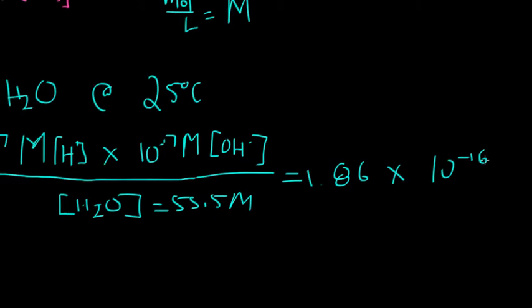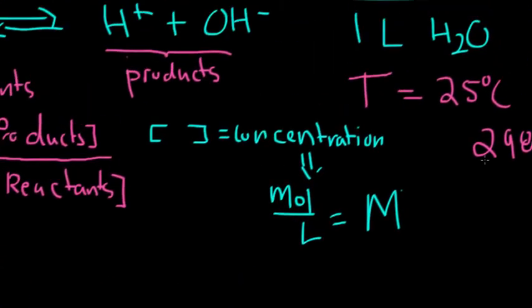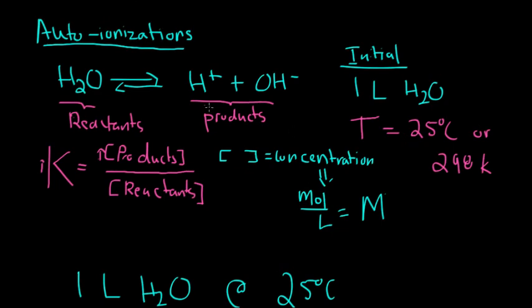But the autoionization is different. If we look at our water equation again, we'll see that for it to convert to product, some of the reactants have to convert to product. So the amount of reactants that I started off with initially is not what I'm going to end up with in the end.